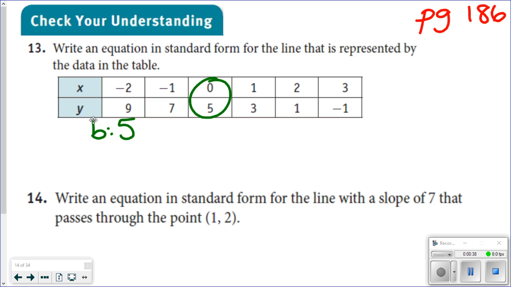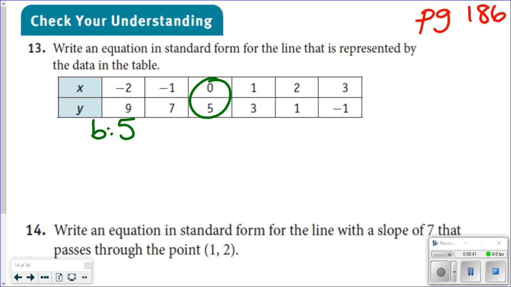I know that I can use this table to calculate the slope, the change in y over the change in x, and it doesn't matter which values I choose. So I am going to use these sets of points right here.